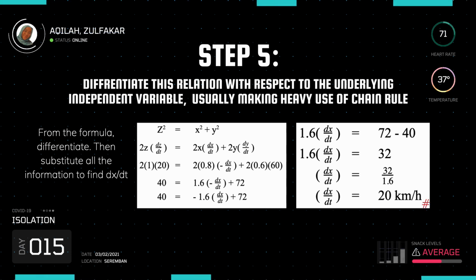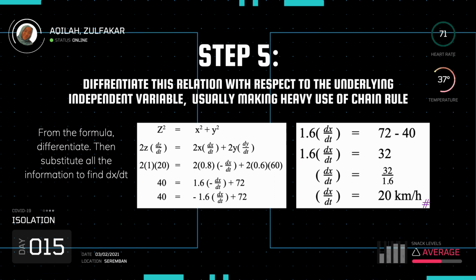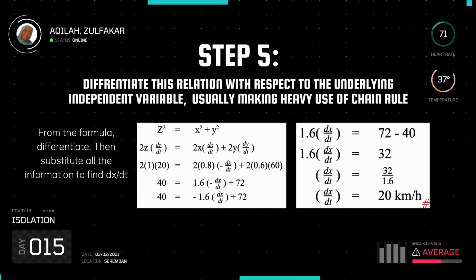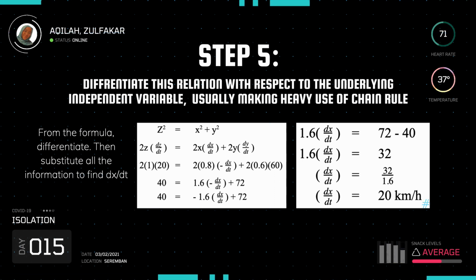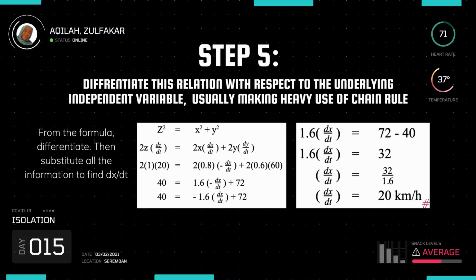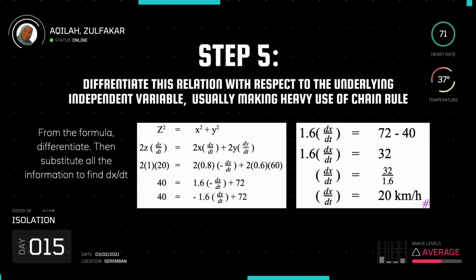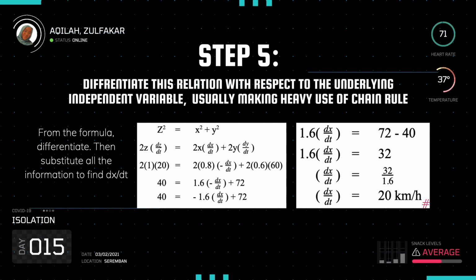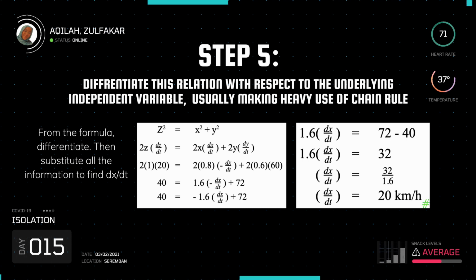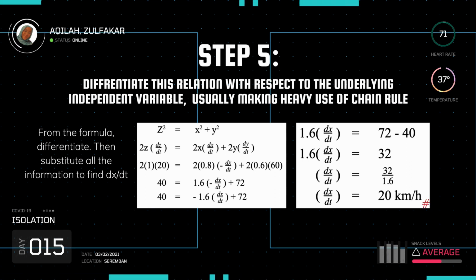Next, step number 5. From the Pythagoras theorem, z squared equals x squared plus y squared, differentiate it, then substitute all the information to find dx/dt. So z squared equals x squared plus y squared is differentiated to 2z dz/dt equals 2x dx/dt plus 2y dy/dt.